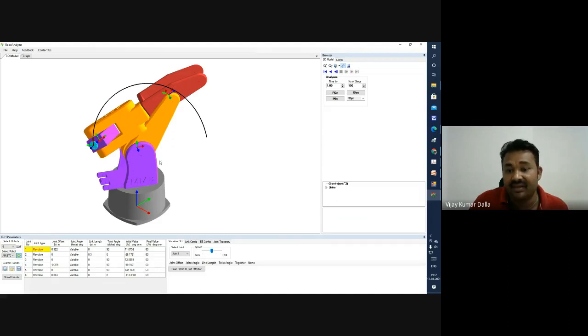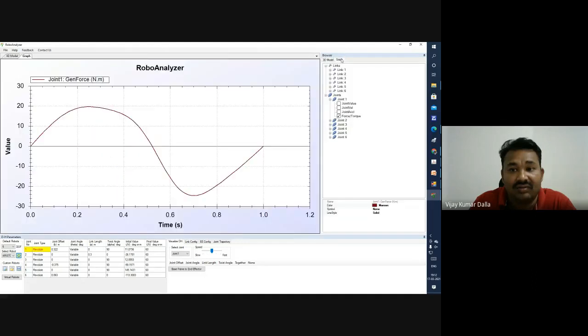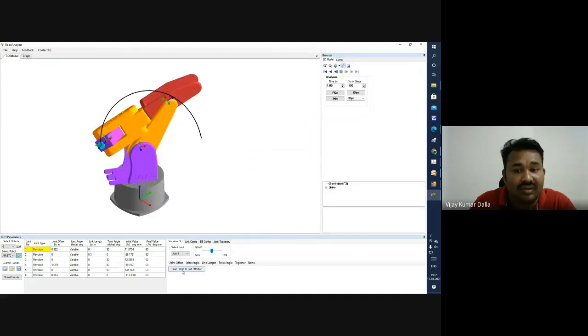Okay. So, and what about jogging? Suppose we want to see the motion of coordinate systems. So by clicking this base frame to end effector, we can visualize. Okay.